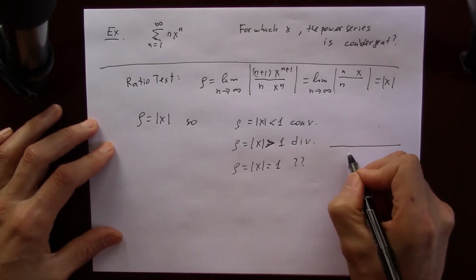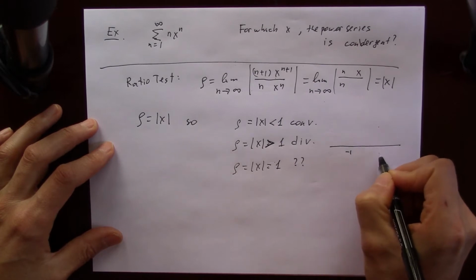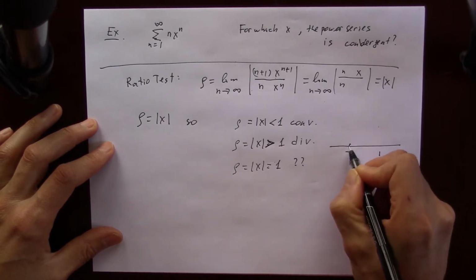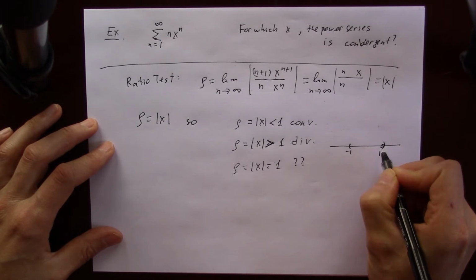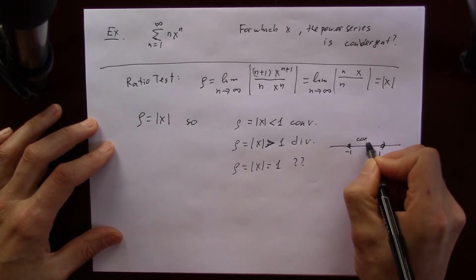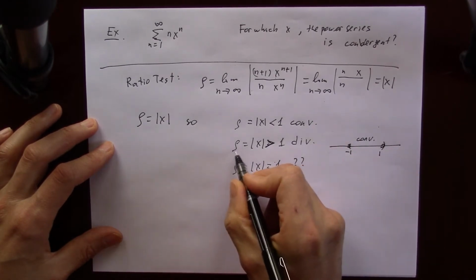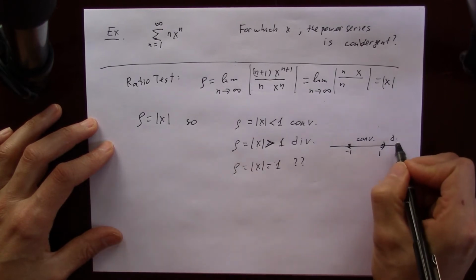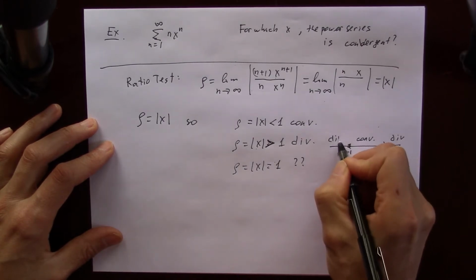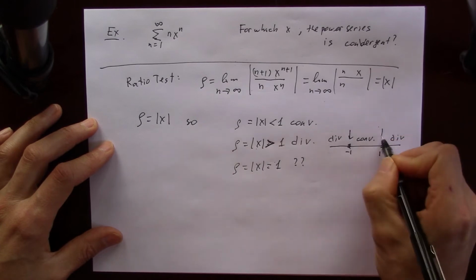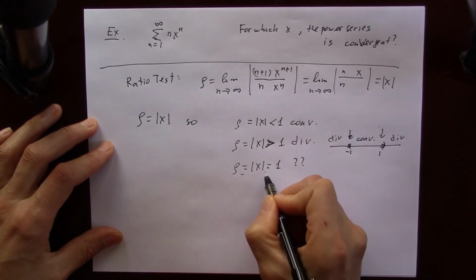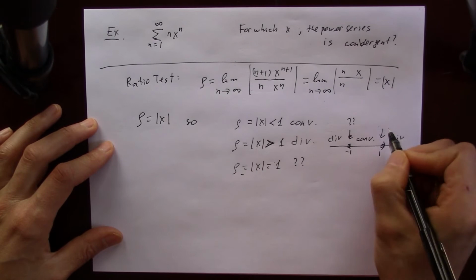When the absolute value of x is between -1 and 1, between these two points, it's going to be convergent. When the absolute value of x is bigger than 1, it's going to be divergent. And we have two question marks when the absolute value of x equals 1.